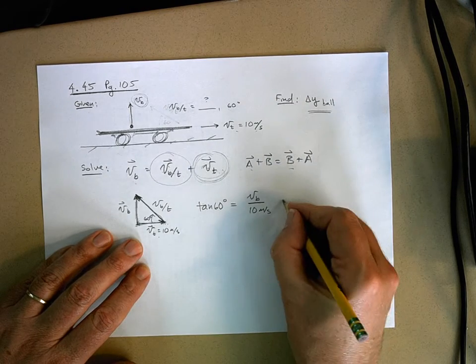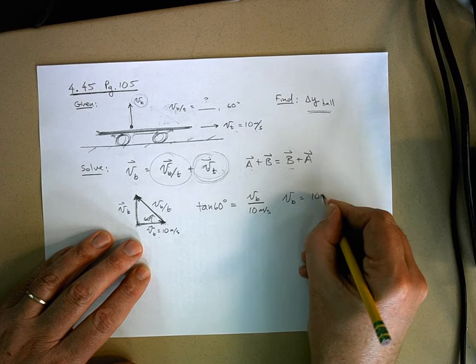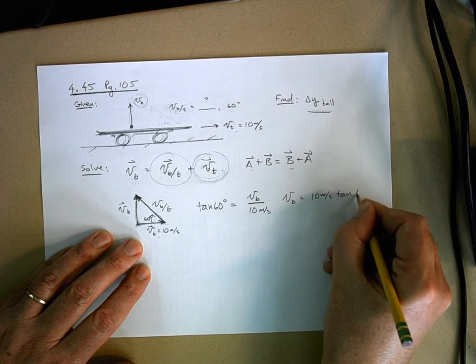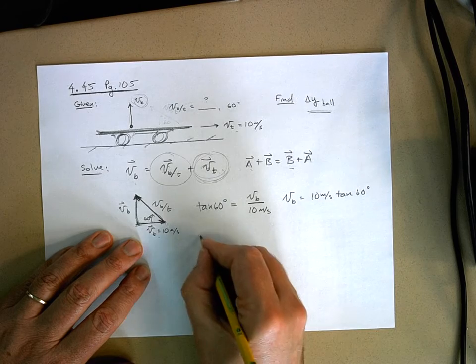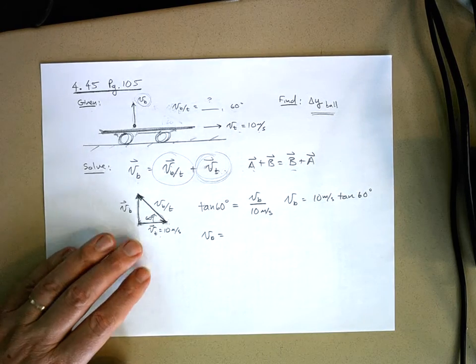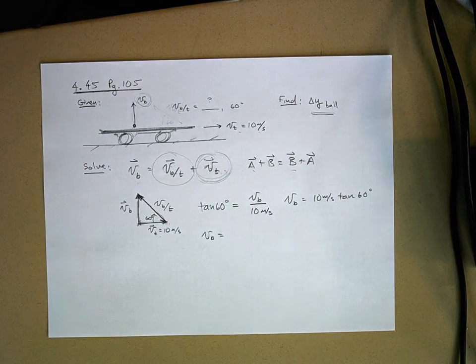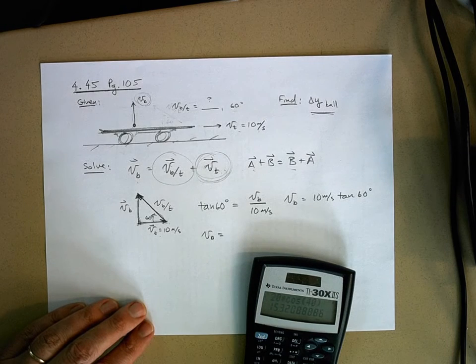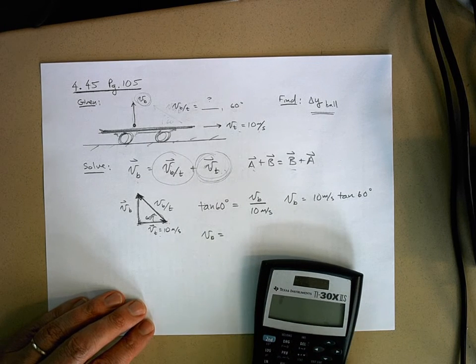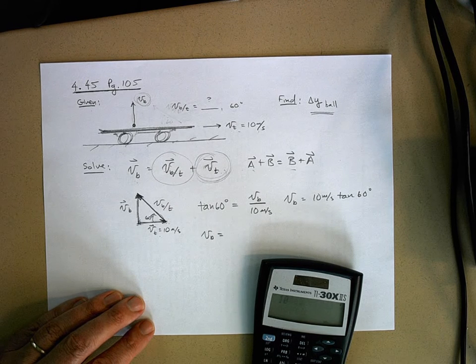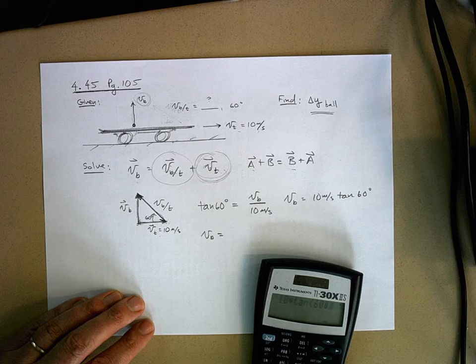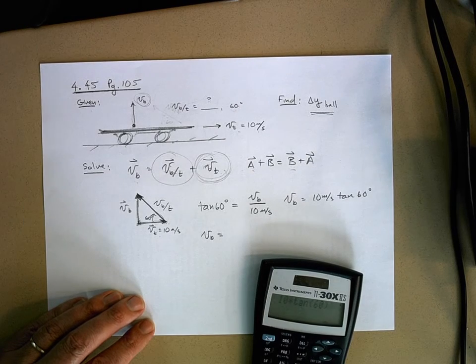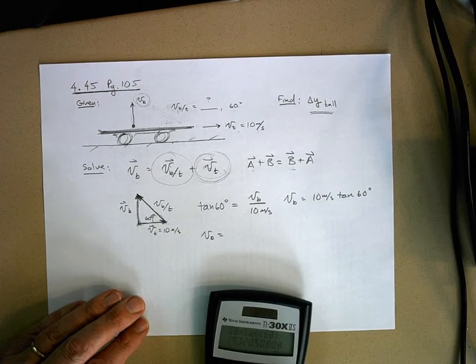So the velocity of the ball is equal to 10 meters per second times the tangent of 60 degrees. Let me get my calculator. And this is why people always watch my videos at high speed. Times the tangent of 60 degrees, I am in degrees, yes. So that gives me 17.3.